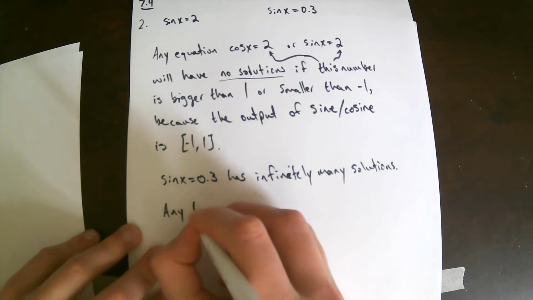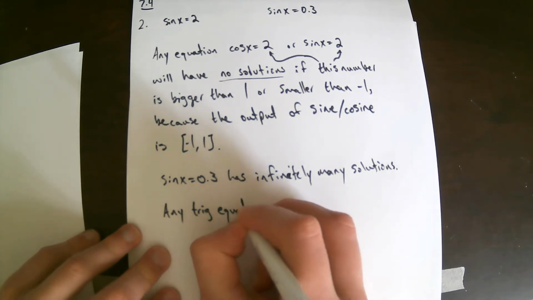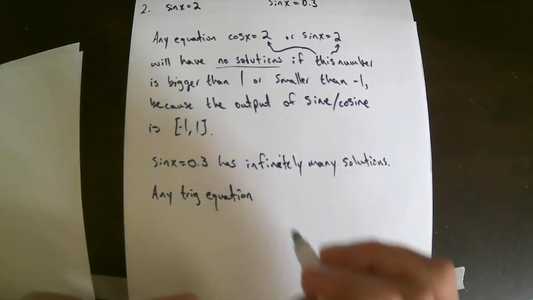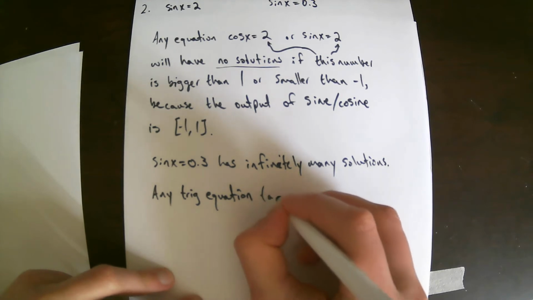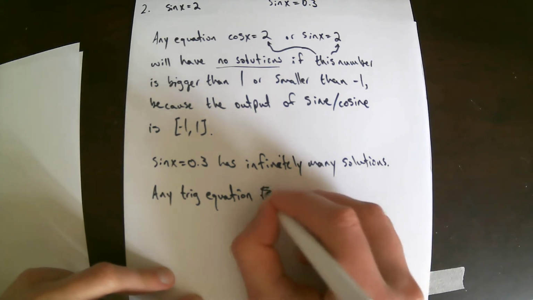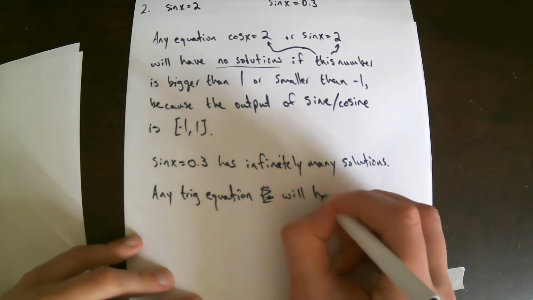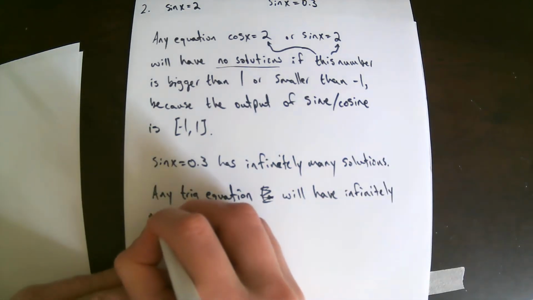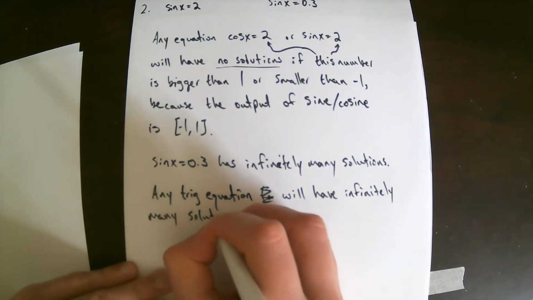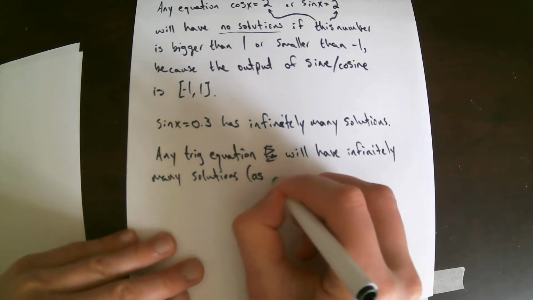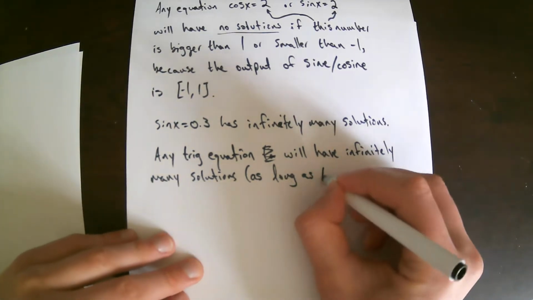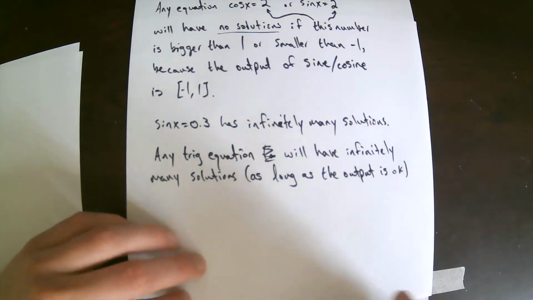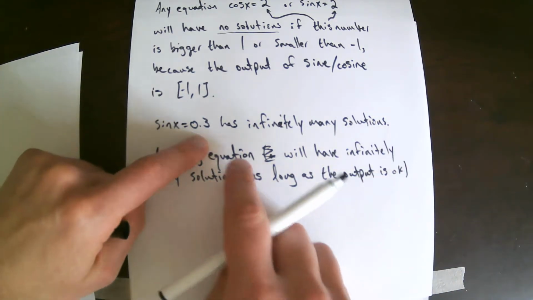Any trig equation, sine, cosine, or tangent, will have infinitely many solutions as long as the output is within the range, and 0.3 is within this range.